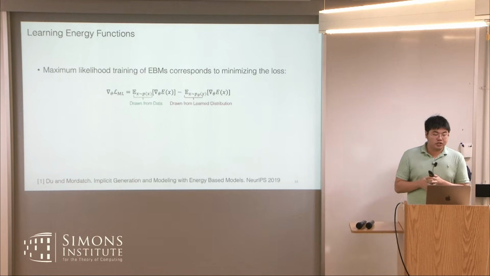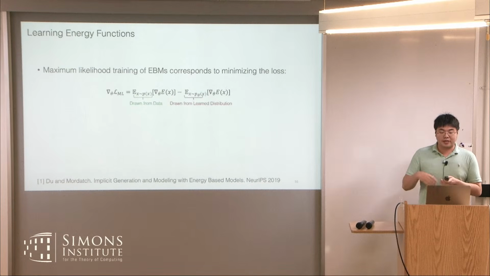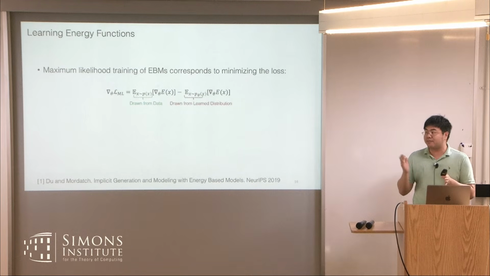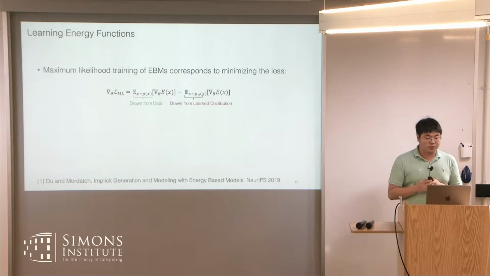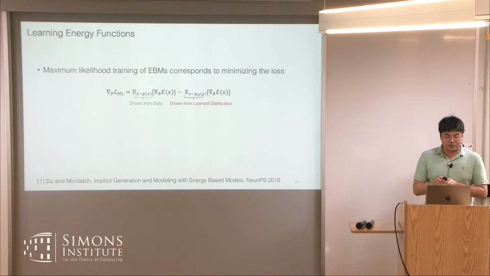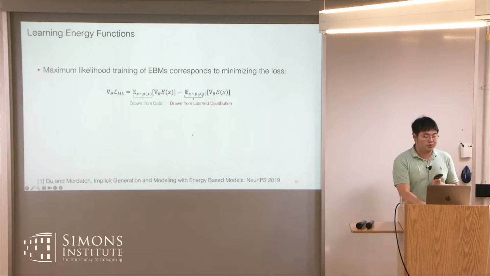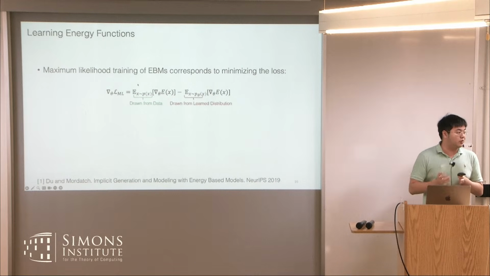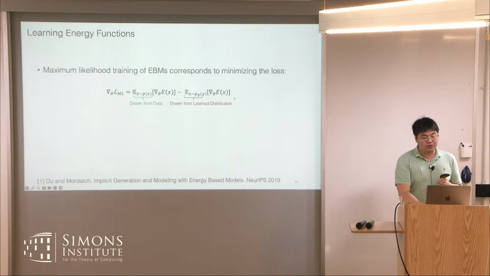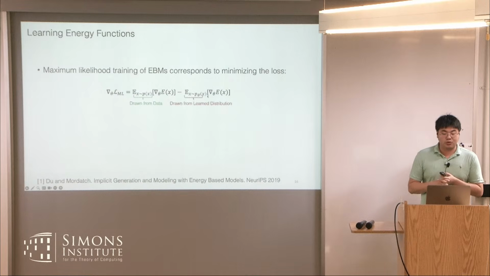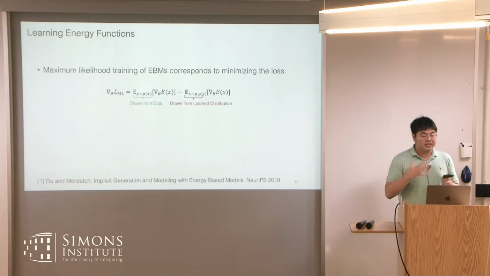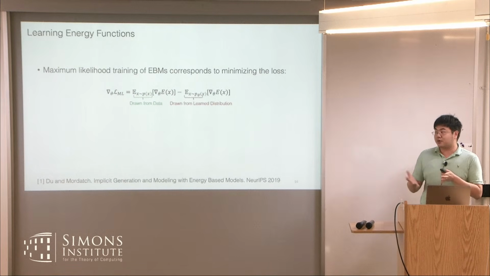OK, so in terms of learning energy functions, the simplest way to do energy-based model training, and this has been around for many decades, is to do some type of contrastive training, where on one hand, you have a term where you decrease the energy of ground truth data. And on the other hand, you have a second term where you try to increase the energy of samples from your model distribution.